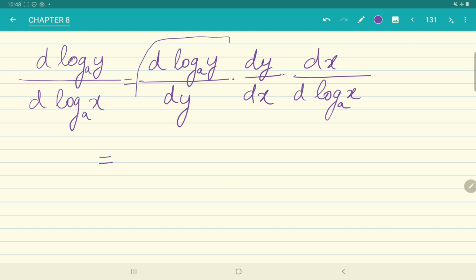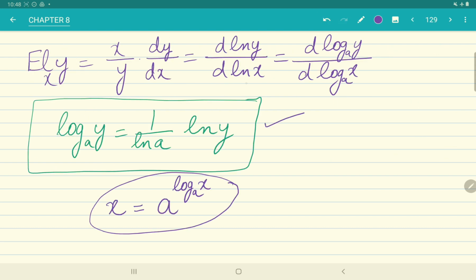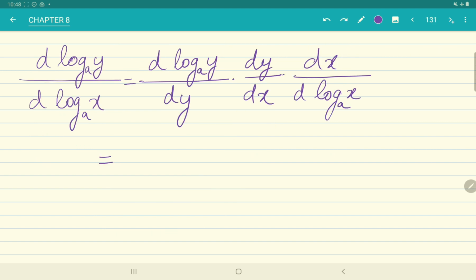For calculating this, let's get to this expression. I want to have d log y to the base a by dy. So this will be 1 by ln a multiplied by 1 by y. Because I know that log y to the base a is equal to 1 by ln a ln y.